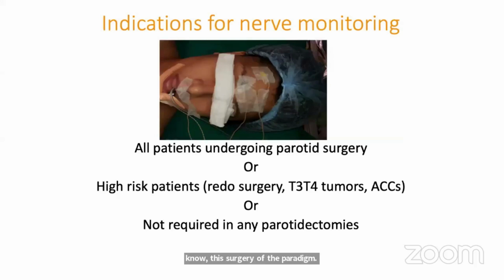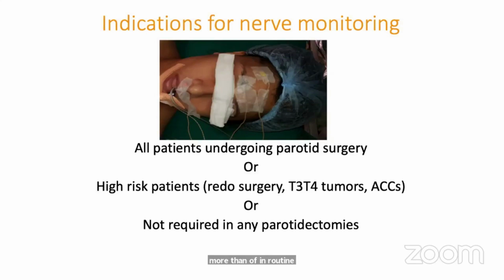Now, going with the facial nerve, nerve monitors are being used off late, which have been shown to have some benefit. Most of the time we do use the intraoperative nerve monitor, especially in redo cases, when you expect the nerve to be at risk much more than in routine cases, and in T3, T4 tumors.